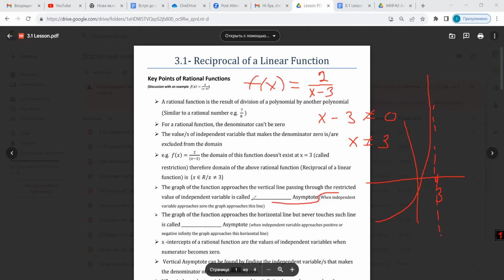It's not pretty accurate to say when the independent variable approaches 0. It should say when the denominator approaches 0, the graph approaches this line. So for example, the closer we get to the value of x equals 3, the closer the graph would get to this vertical line.